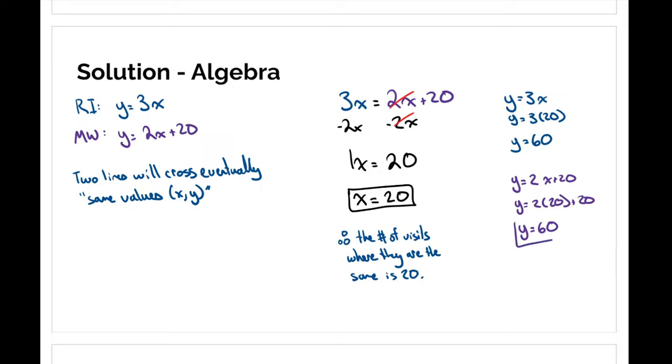So it doesn't matter which equation I use here. I've determined already that the values are going to be the same. So therefore, the cost at 20 visits is $60 for both parks.